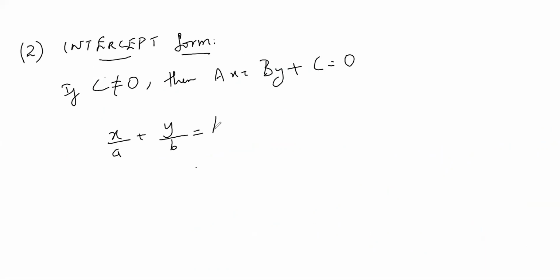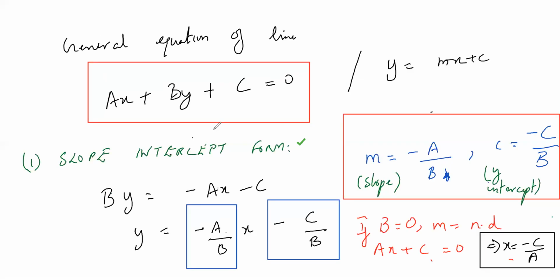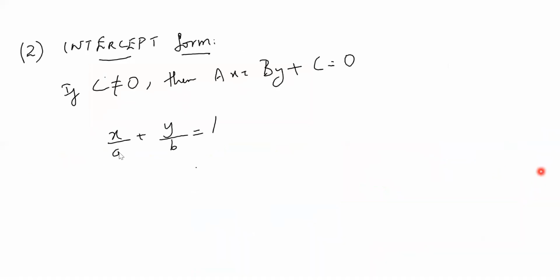Correct? But what is my x-intercept? My x-intercept is nothing but minus c by a. What is my y-intercept? Minus c by b. Now, instead of this and this, I'm going to substitute those intercept values.